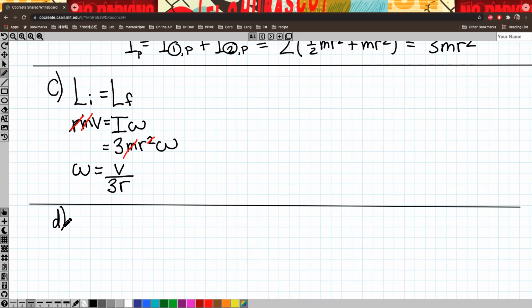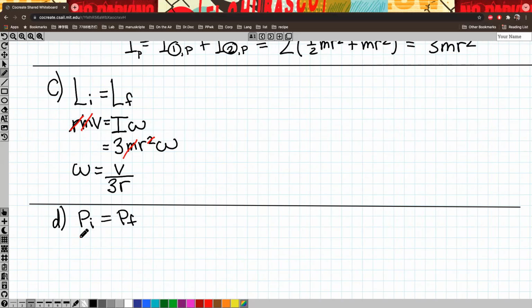So we could do L final is equal to the cross product of r times p. Oh, that's true. Well, no, L final is equal to I omega, right? Oh wait, no, we could just do Pi equals Pf. Yeah, because it's conservation of linear momentum, right? Yep. Pi equals Pf.